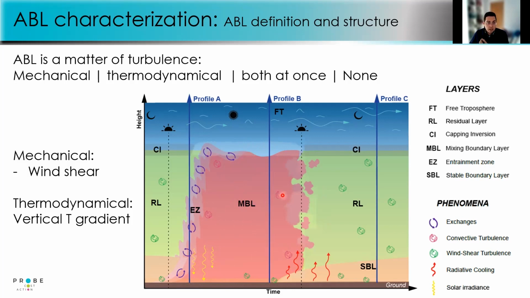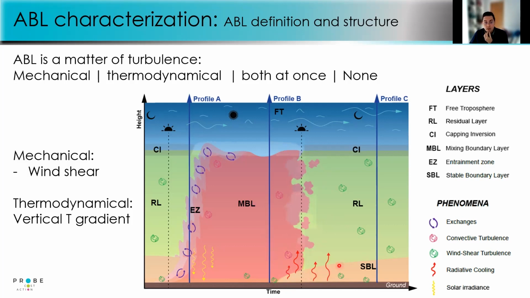Then with the sunset, the radiative cooling starts to cool the surface, and then also the lowermost part of the atmosphere, causing a temperature inversion, which kills the turbulence, the convection. Then the turbulence slowly disappears in the ABL.